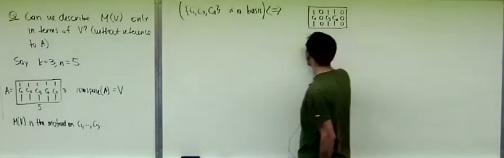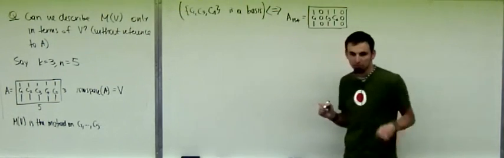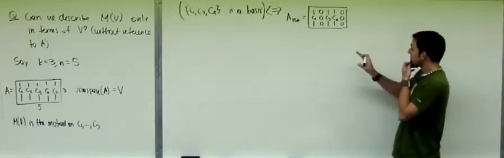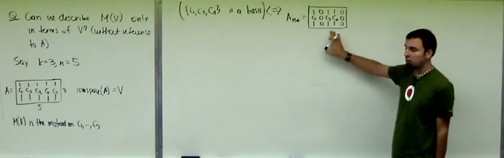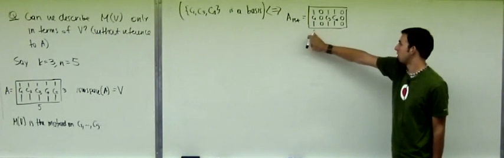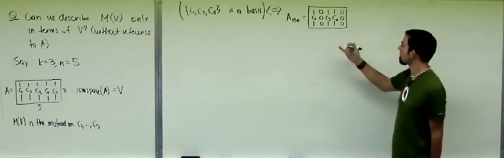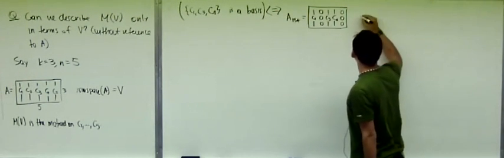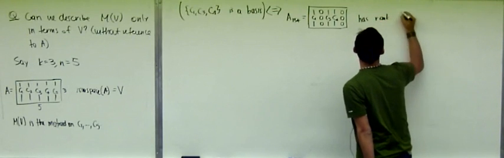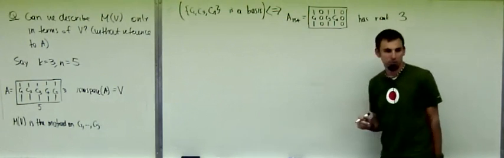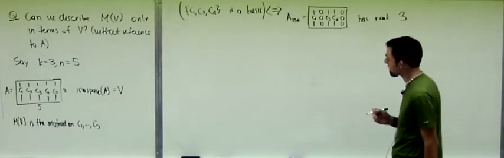We call this matrix A_{1,3,4}. So when are C1, C3, and C4 going to be a basis? Well, if the thing generated here has rank 3. In other words, if and only if this matrix has rank 3. Right?